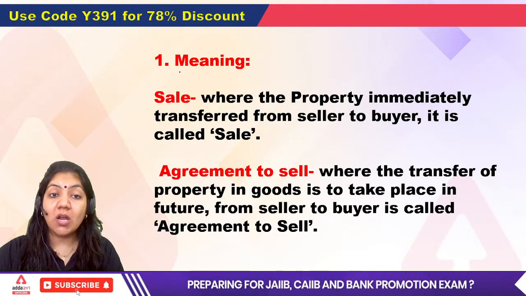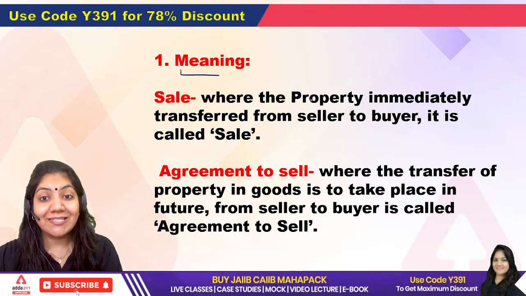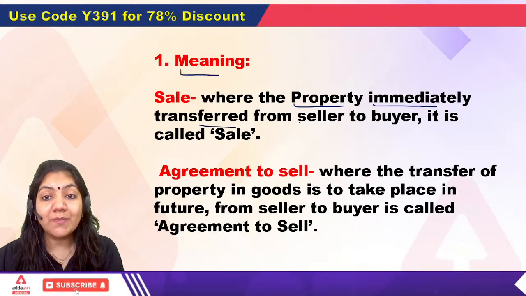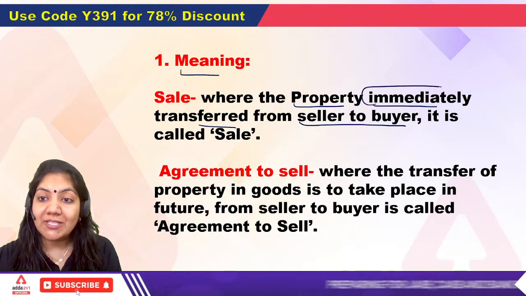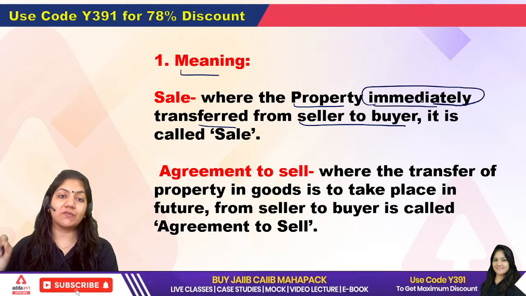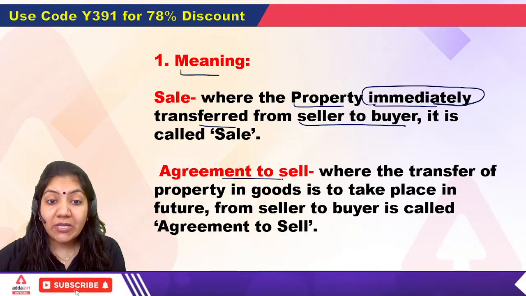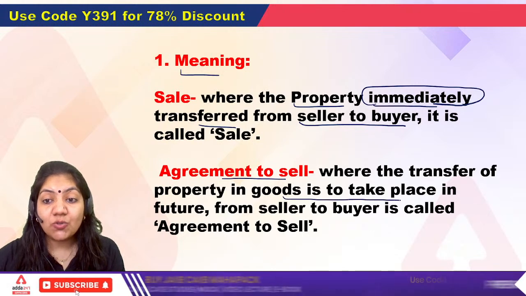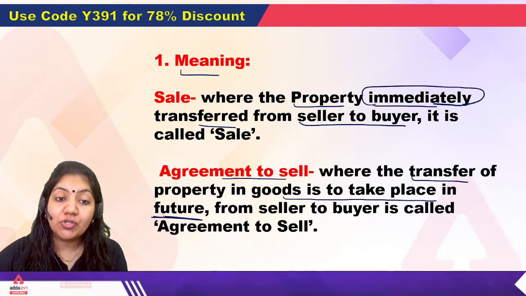So class, if we talk about the meaning of sale and agreement to sale, sale means the property is immediately transferred from seller to buyer. That is called sale. So what is the keyword of this meaning? Immediately transferred, in the case of sale. If I talk about the agreement to sale, it simply means the transfer of goods takes place in the future.